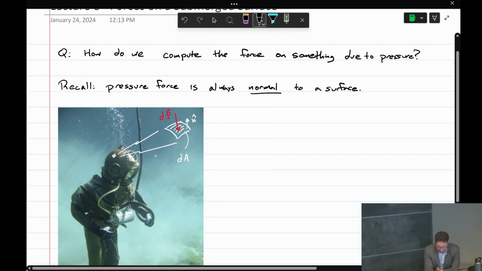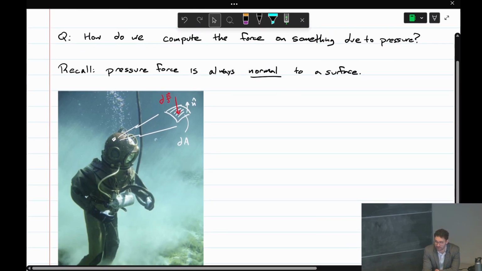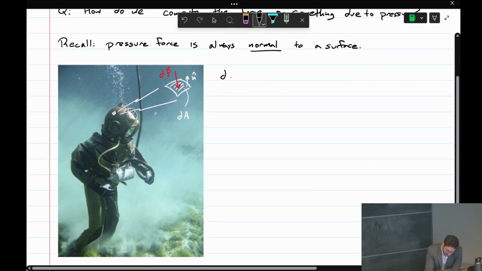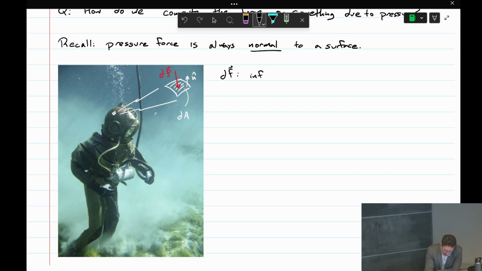Let's start off by trying to determine the magnitude and direction of the pressure force on this small surface. So dF is an infinitesimal surface force. It has magnitude, because the definition of pressure is just this equation.